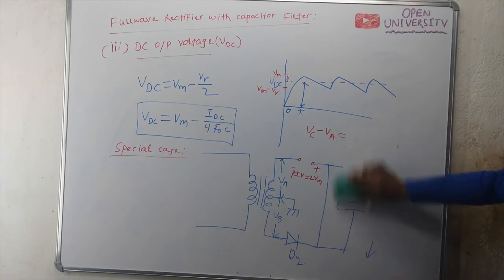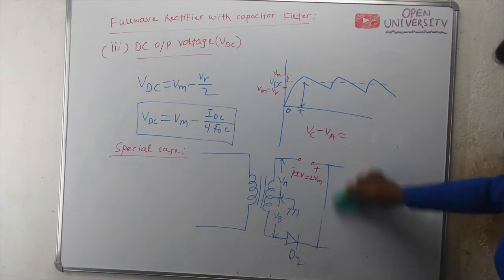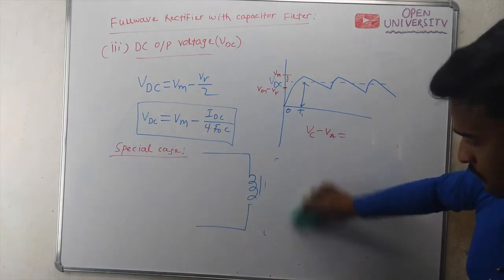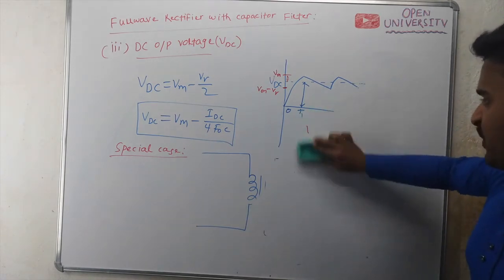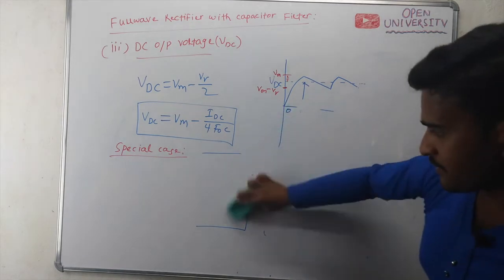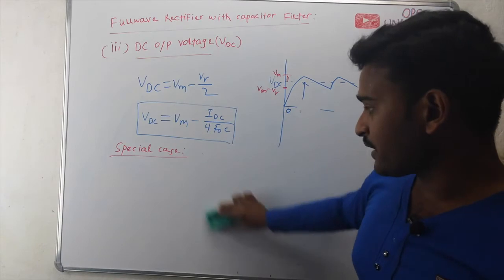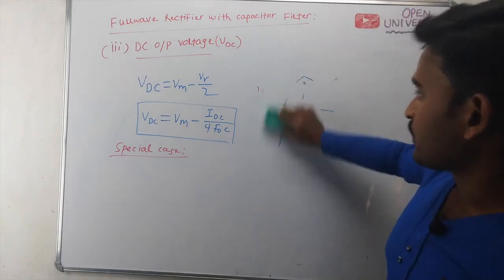Let's discuss the fourth point, that is average diode current, ID average and ID peak. You remember this special case of half wave rectifier with capacitor by removing RL, and also full wave rectifier with capacitor by removing RL.